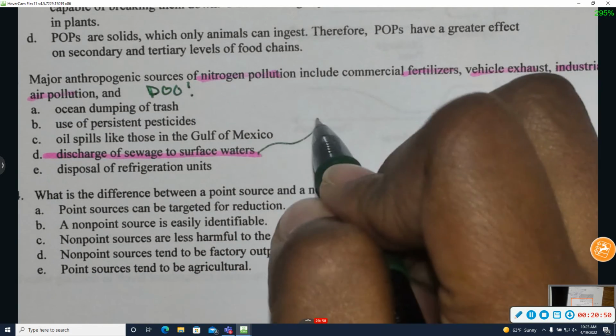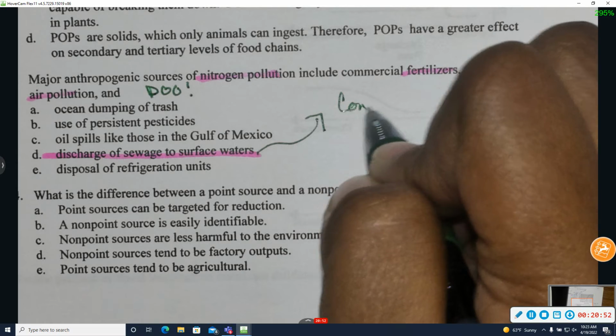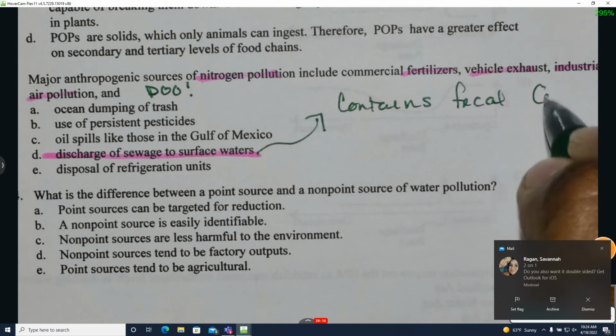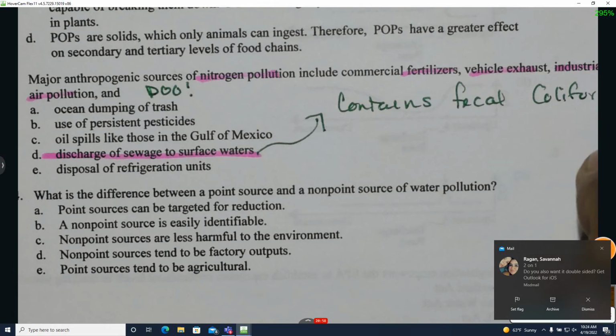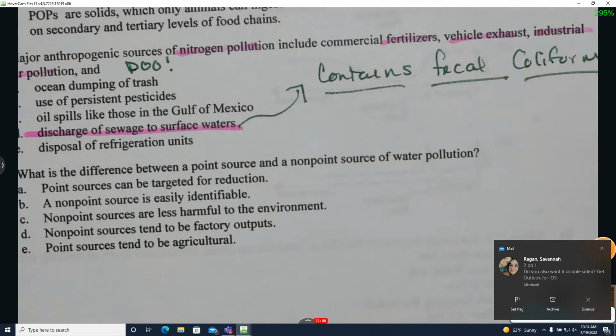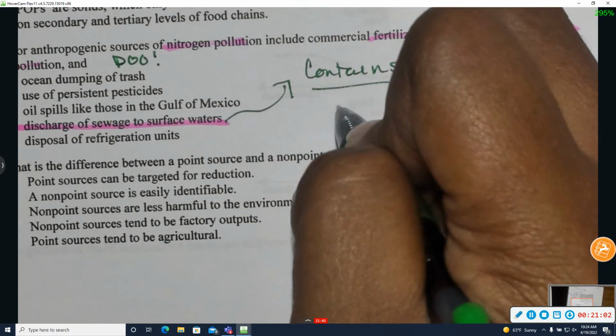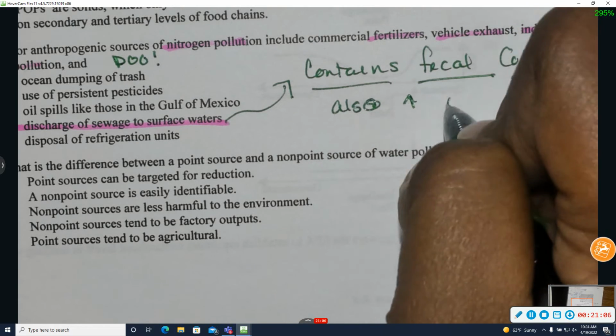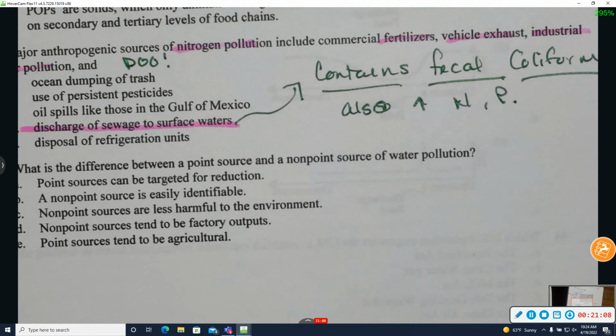That sewage, that poo, contains fecal coliform, poop bacteria, and also high levels of nitrogen and phosphorus.